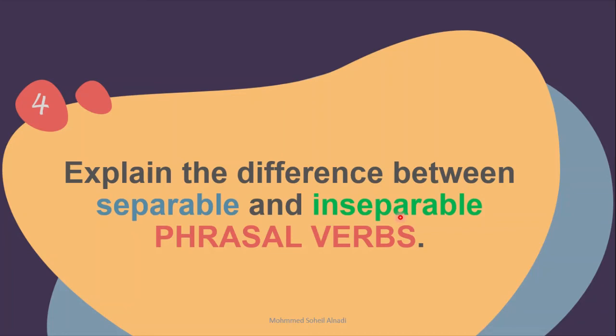If I say I called John out for being rude, and I called out John for being rude, both are grammatical. This means that the phrasal verb called out is separable: called John out or called out John.